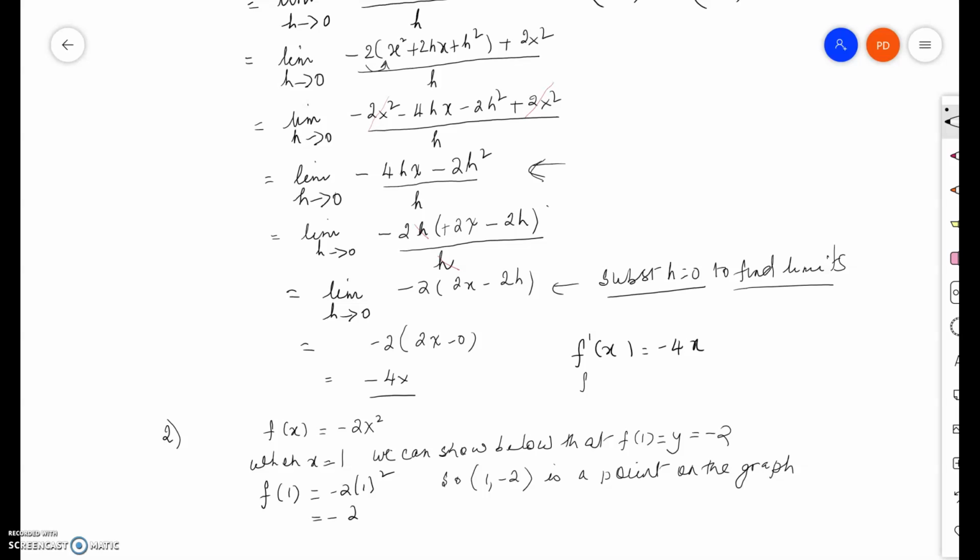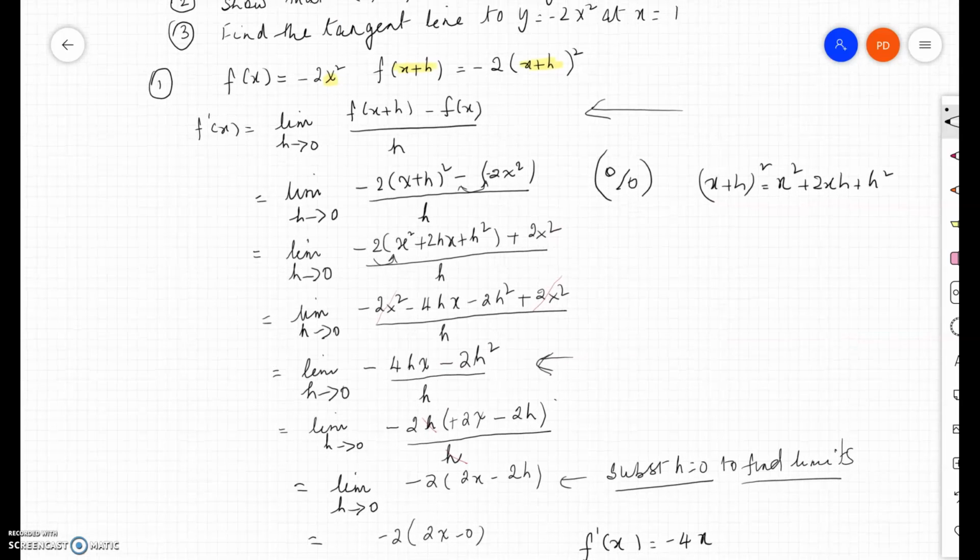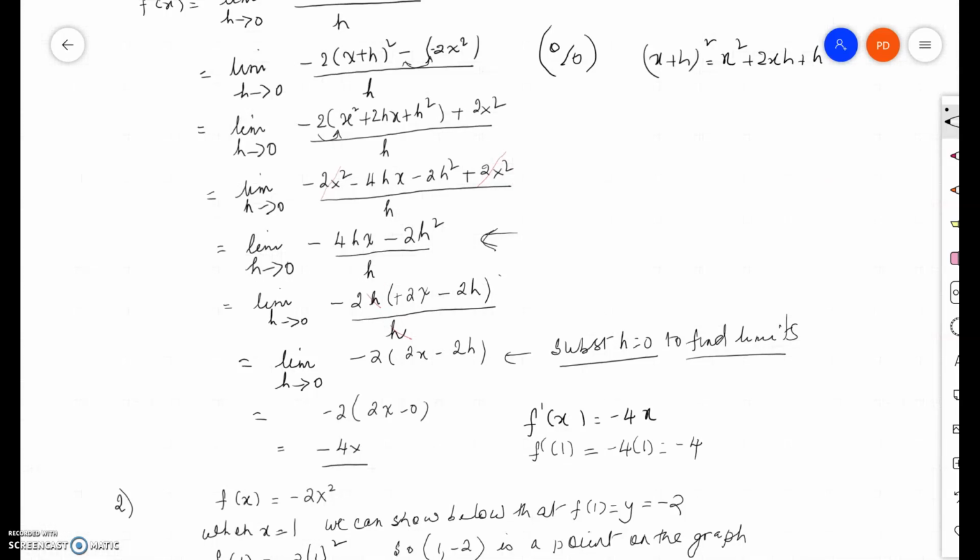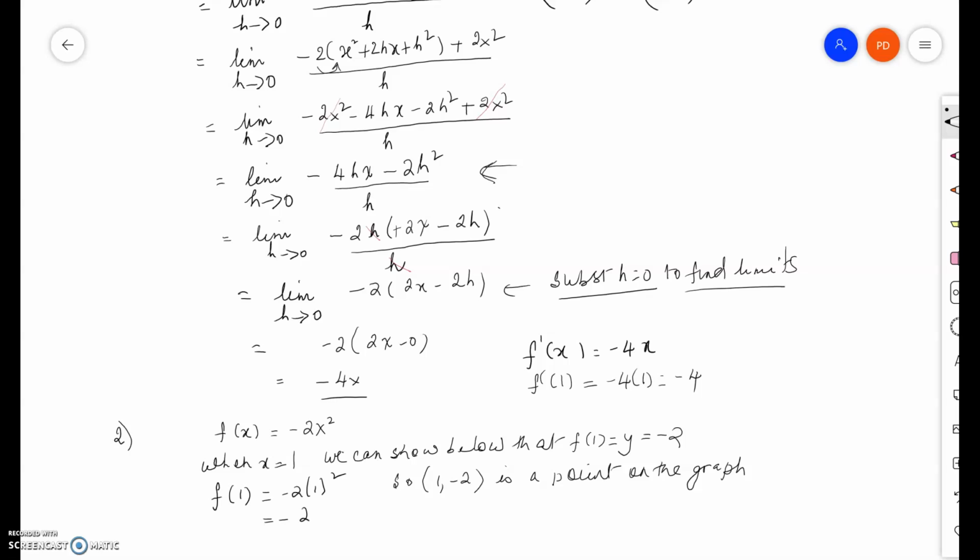So what is f prime of 1? We plug in x equals 1, so it's negative 4 times 1, which is negative 4. So f prime of 1 equals negative 4, which is the same as saying that the slope of the tangent line to the graph of y equals negative 2x squared is equal to negative 4.